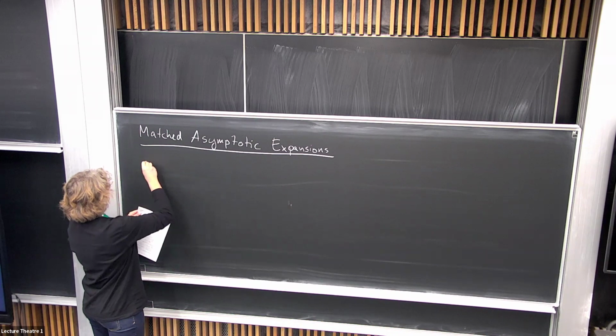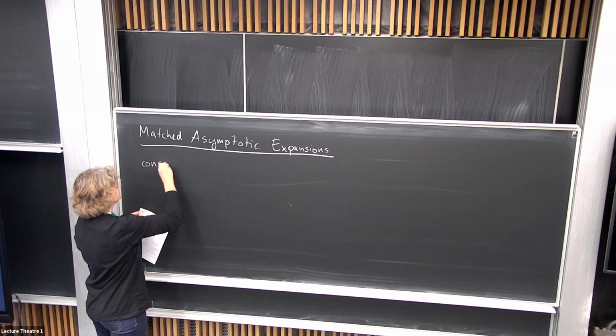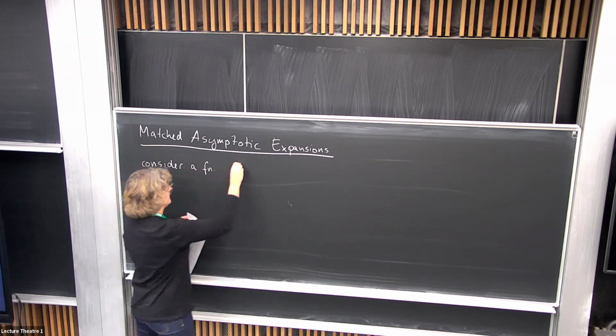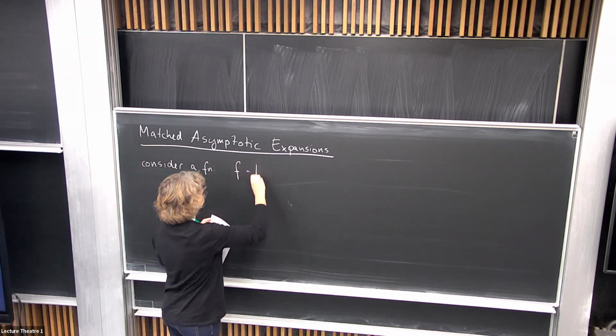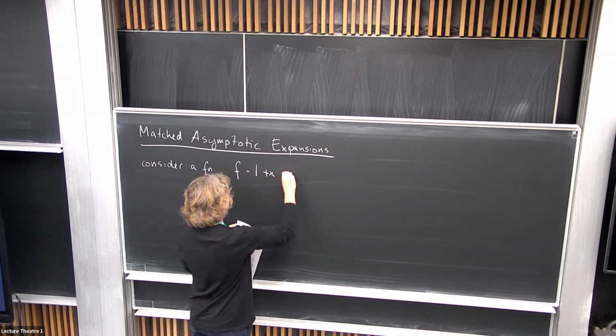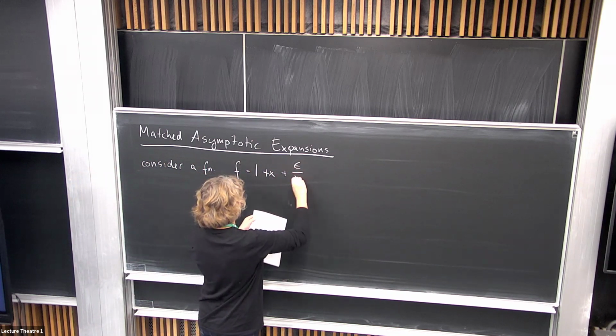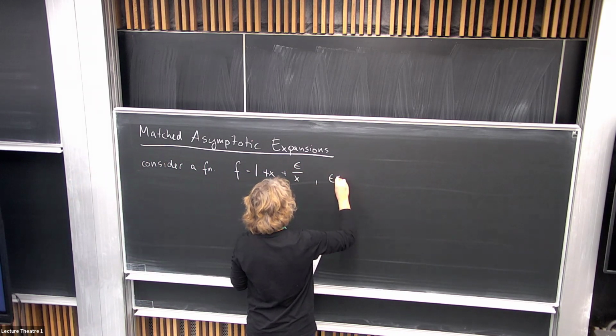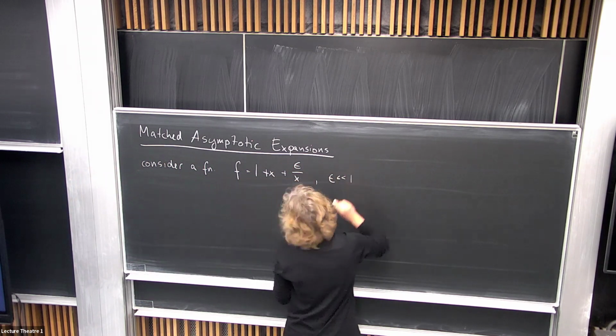We want to consider a function, let's call it f, which is 1 plus x plus epsilon over x, where epsilon is some small parameter, much less than 1.